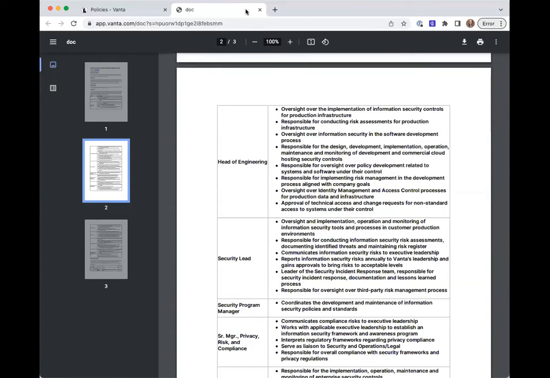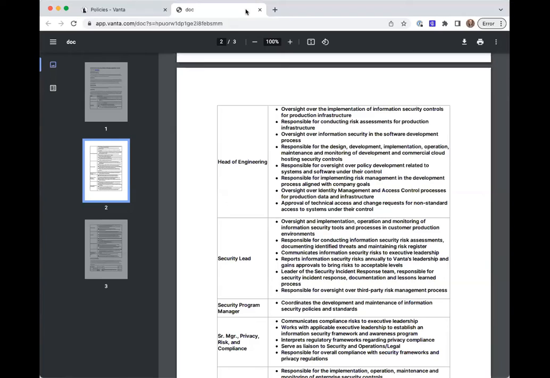Okay. And is it also okay if your head of engineering is the same person as maybe one of your other roles that you have? Yes, absolutely. So you can slice and dice these any way. There's nothing magical about what we've currently assigned to the head of engineering. The head of engineering and the security lead, all of those roles and responsibilities can be put on the same person.